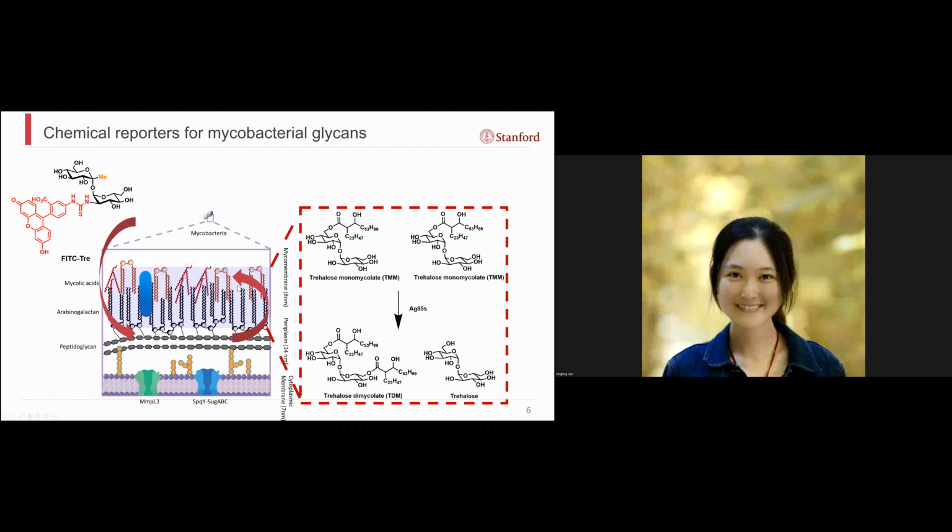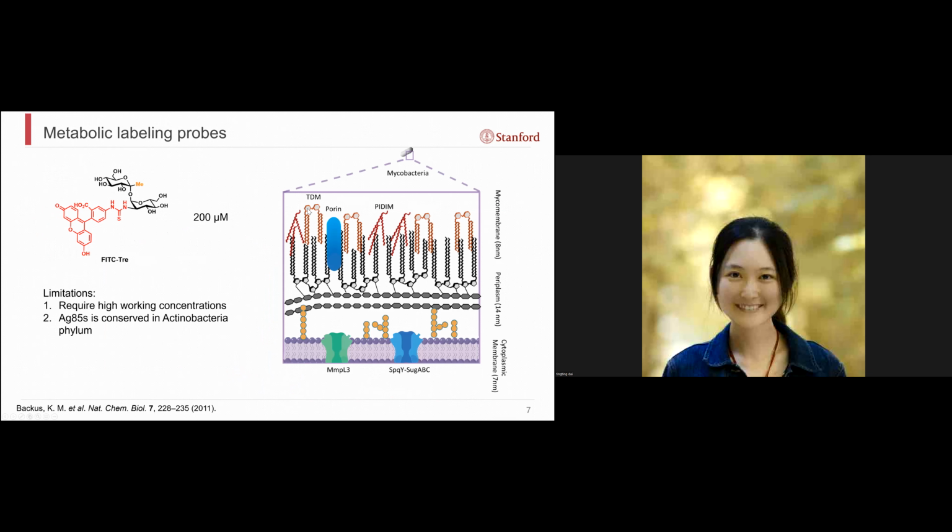However, the problem is that these metabolic labeling methods could require very high working concentrations. Also, this method is not specific to this type of bacteria, because the enzyme that this group is using is conserved in all of the actinobacteria phylum, which consists of a variety of disease-relevant bacteria.